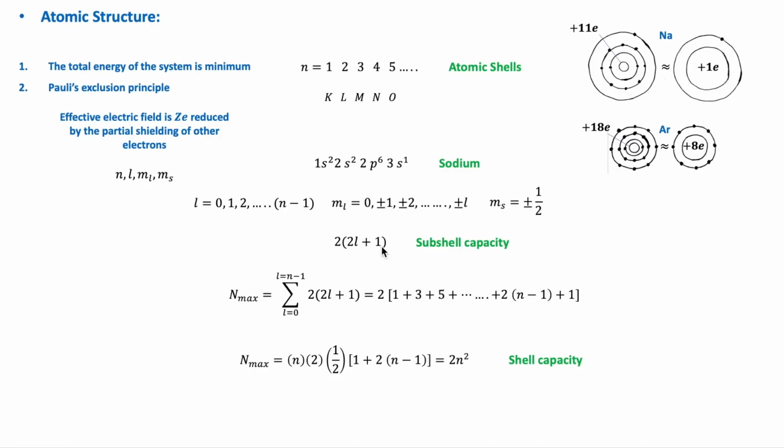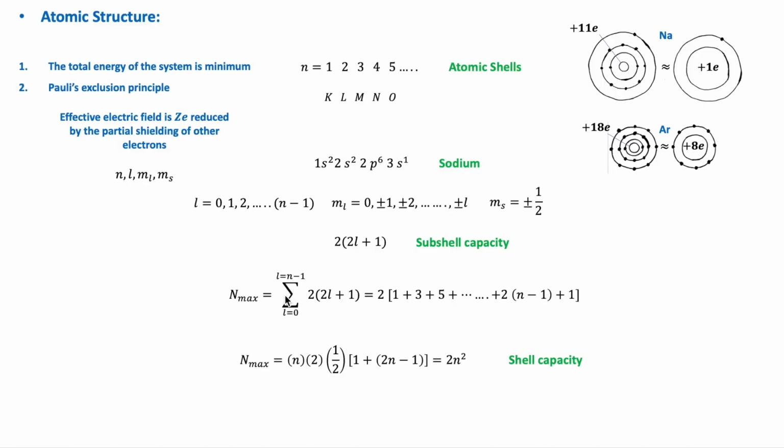And the maximum number of electrons a shell can hold is the sum of the electrons in its filled subshells. So for a shell of principal quantum number n, the maximum number of electrons it can hold is N max equals the sum from L equals 0 to L equals n minus 1 of 2 times (2L plus 1).